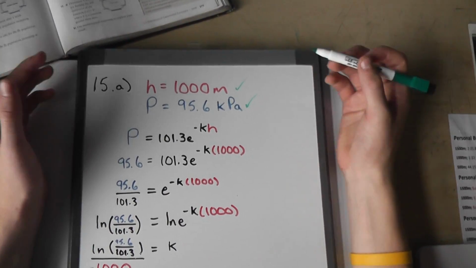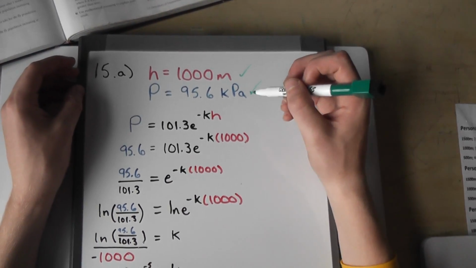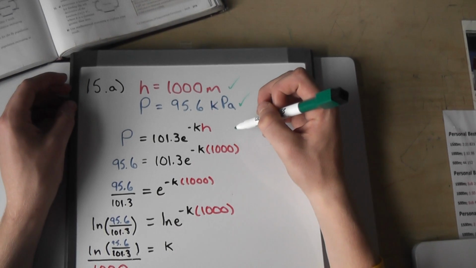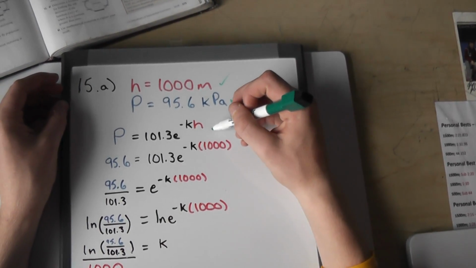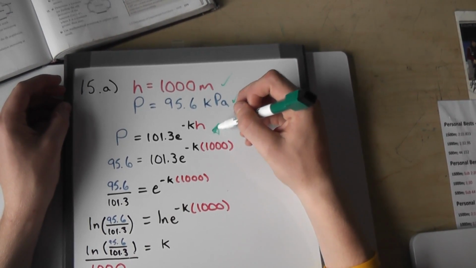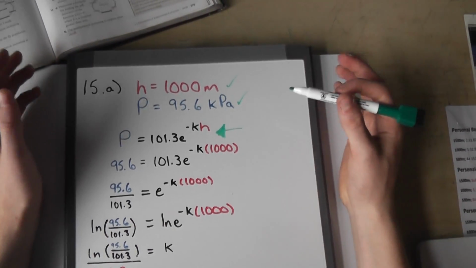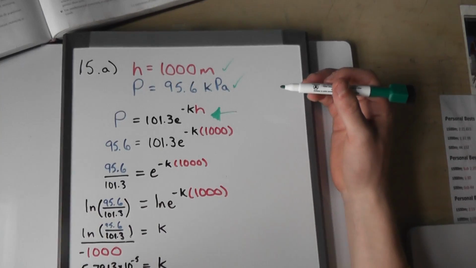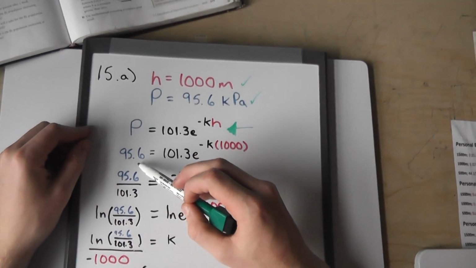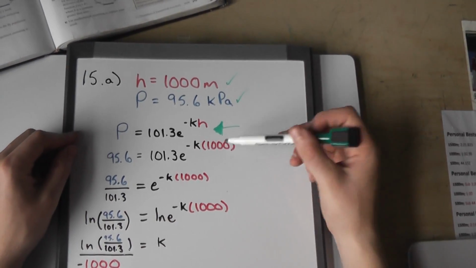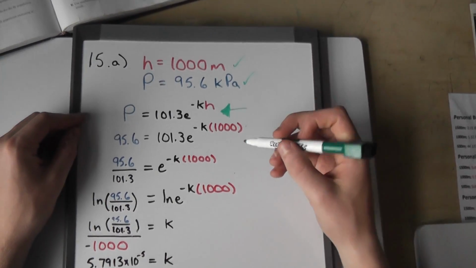And we also have our equation from our number 15 explanation, which is right here. Now we can sub in values to find k. Here we have 95.6 kilopascals and 1,000 meters.